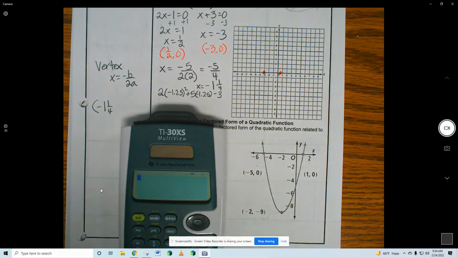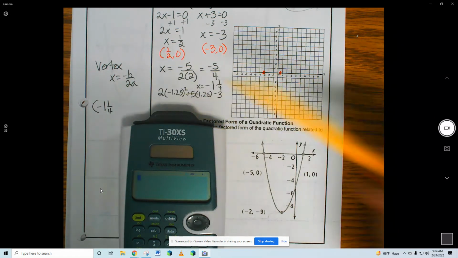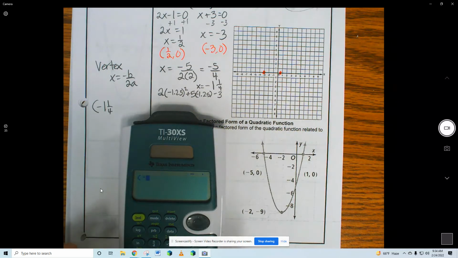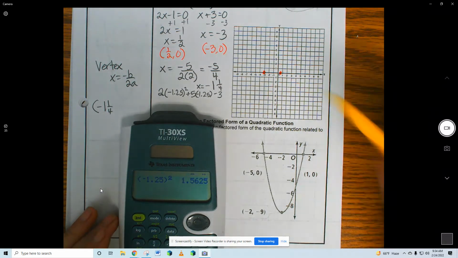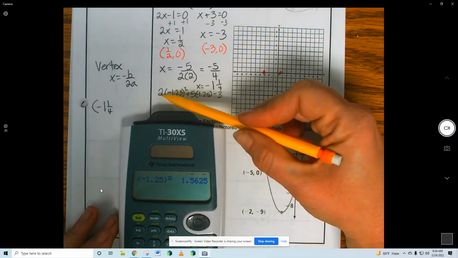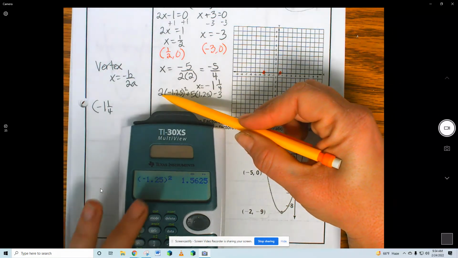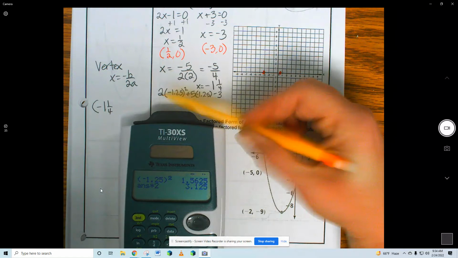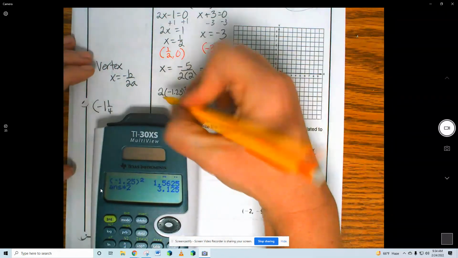Decimal answers are totally fine. Let me do it for you. I'm going to do the exponent first. Negative 1.25 squared is positive 1.56, and then I have to multiply it by this 2: 3.125.